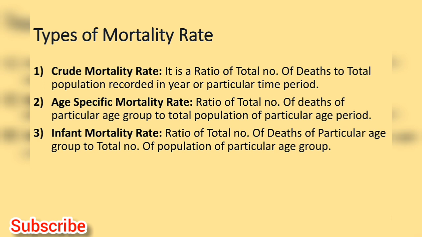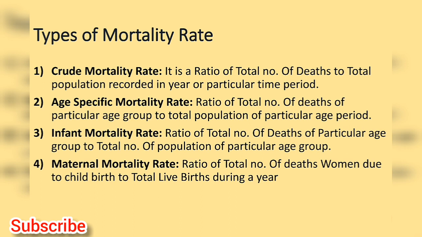So if I have data related to children below 12 months, then I just calculate the infant mortality rate. So infant mortality rate is basically a ratio of total number of deaths of the infant category divided by total population of the infant age group, multiplied by 1000 or 100.